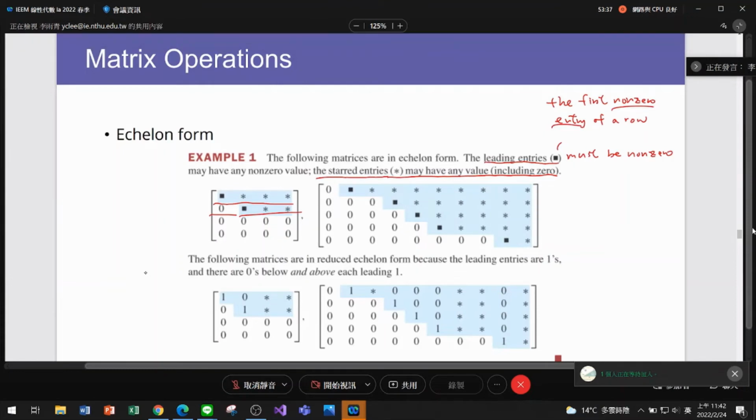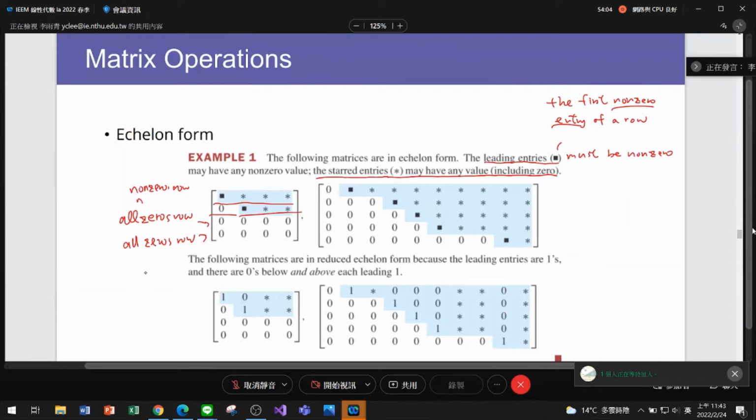And so we see that all the zero, this is called all zero row, and all zeros row. All zero rows are below the non-zero rows.